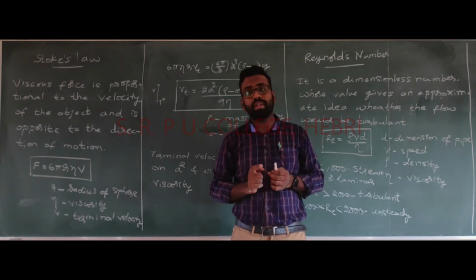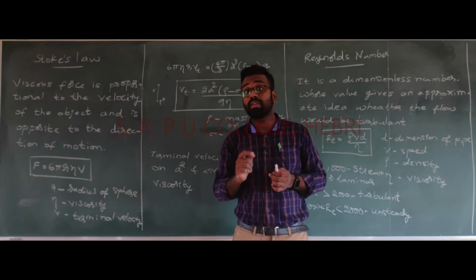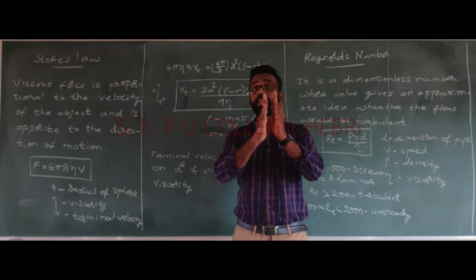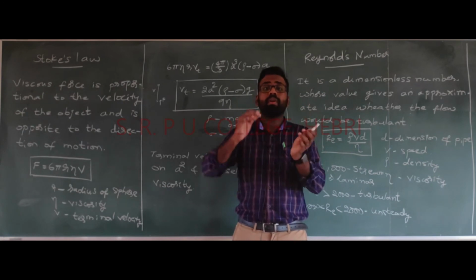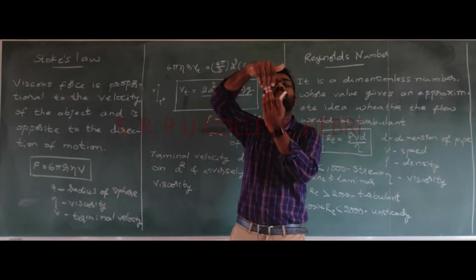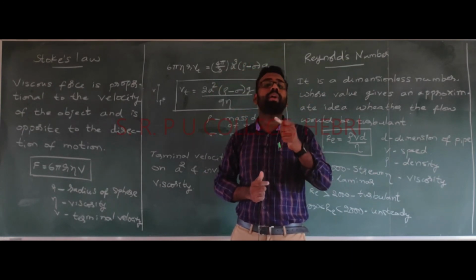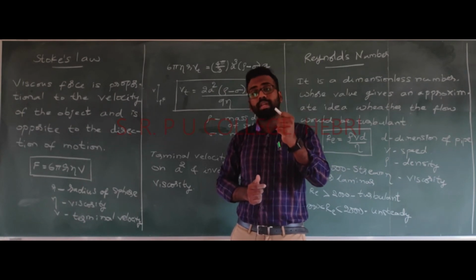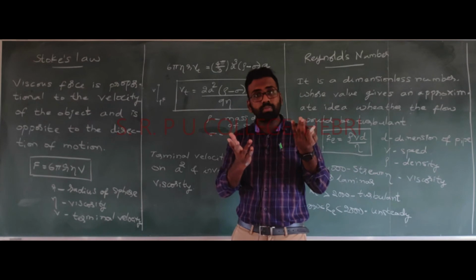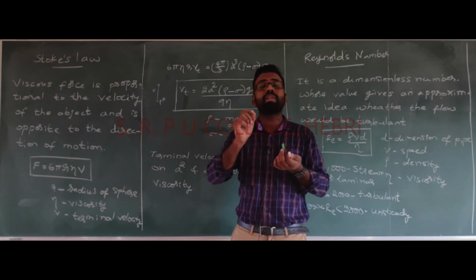Now you can understand, as velocity increases, the opposite force also increases. So at a particular point, these two forces become equal. Then what happens? When the forces become equal, the object does not stop.